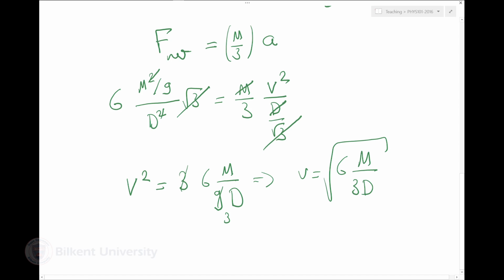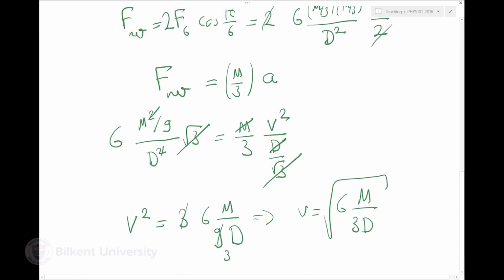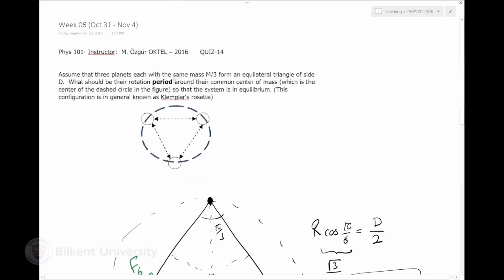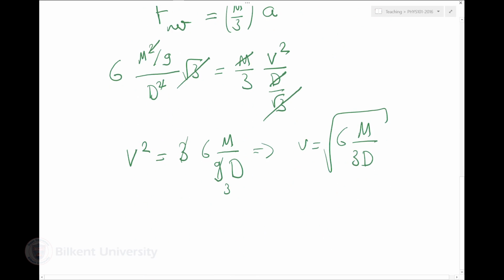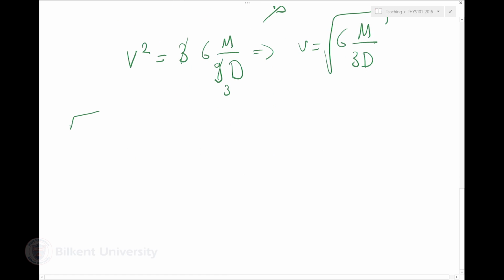Okay? Was that what was asked in the question? No, we're supposed to find the period. So what's the period in this case? The period is going to be the total distance traveled, which will be 2 pi times r, not d, great, divided by v.